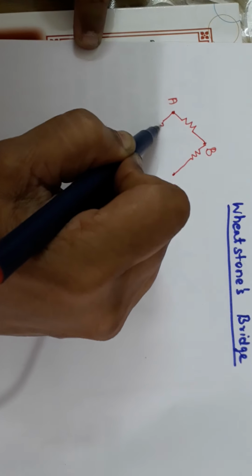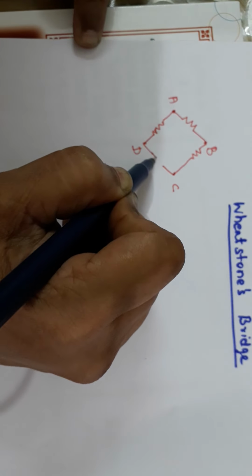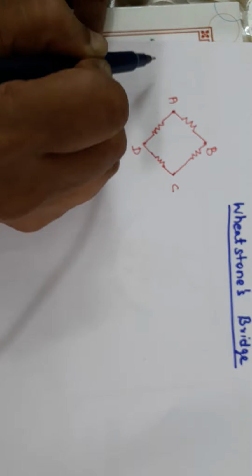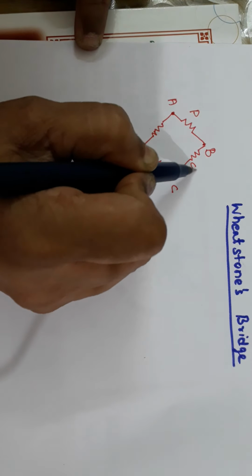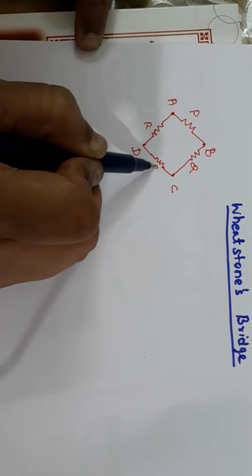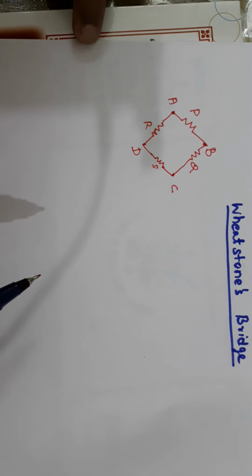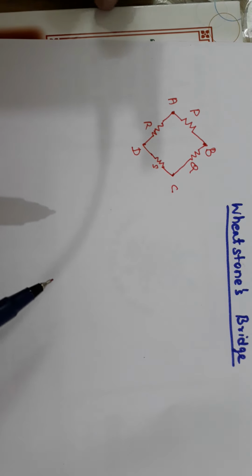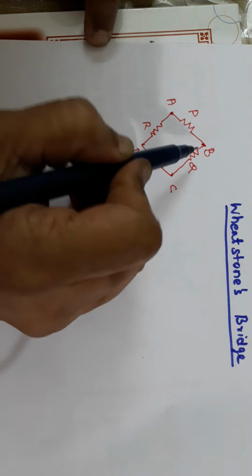Between these two, another resistance. So I will name the resistors P, Q, R, S. A, B, C, D is the network, P, Q, R, S are the resistances of the resistors. Now P, Q, R, S you can mark in this order.